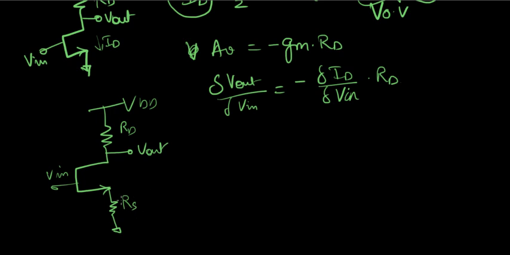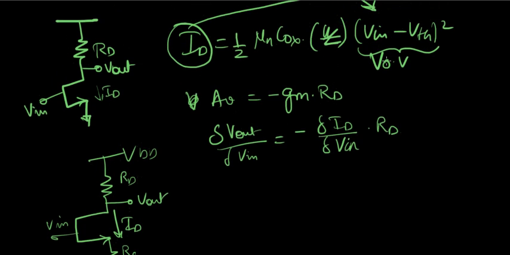So what will happen here is you have a current again. As V in increases, your ID will increase, and so will the voltage drop across RS, right? So a bit of V in is spent on RS rather than just appearing as the overdrive voltage for the current.